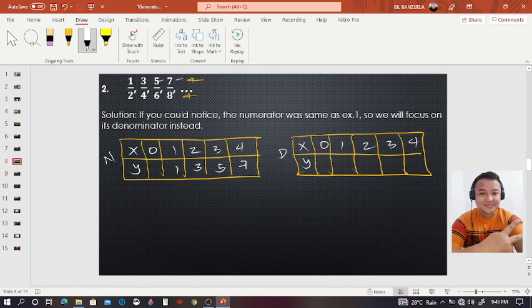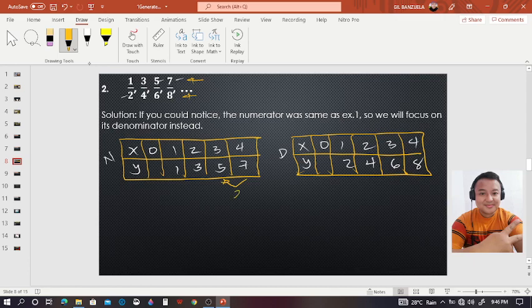On the denominator part naman guys, ang first term natin ay 2, ang second term natin ay 4, ang third term natin ay 6, and the fourth element is 8. So the same thing that we've just done on the first exercise.